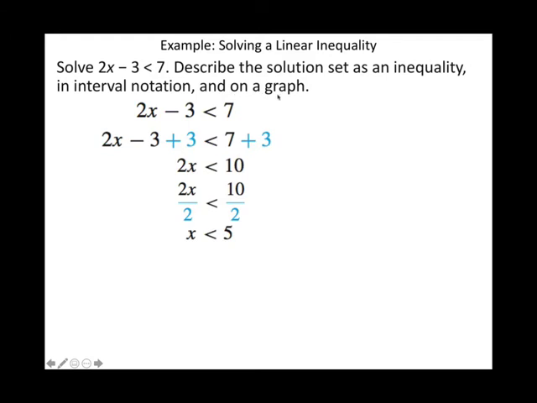Now we want to graph it on the number line. We have the number line, 0, 1, 2, 3, 4, 5. You can see we use an open circle to represent it. Open here means this is strictly less than or strictly greater than. One more time: when you use the open circle, it means strictly less than or strictly greater than.